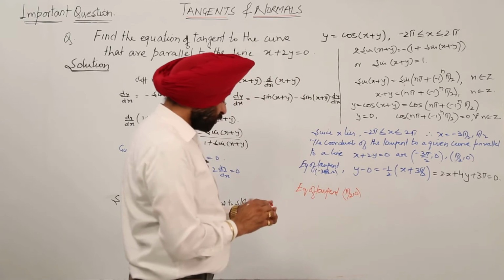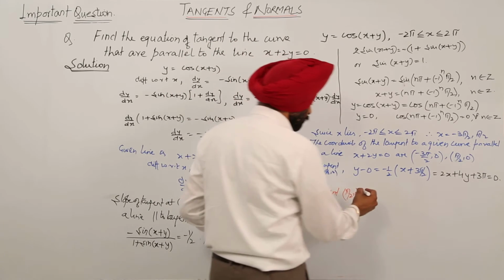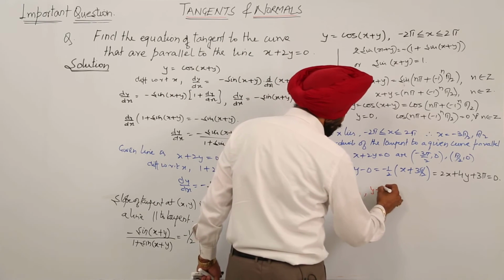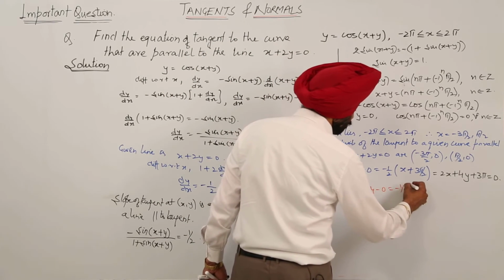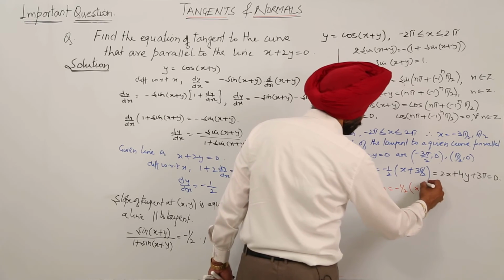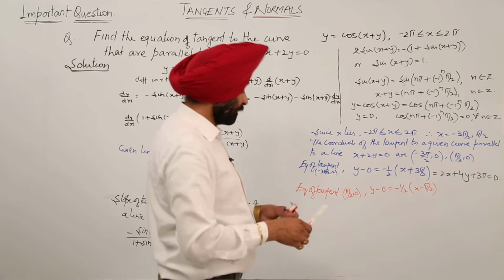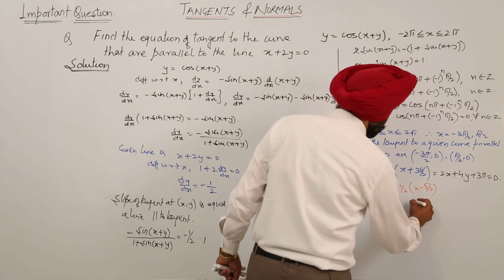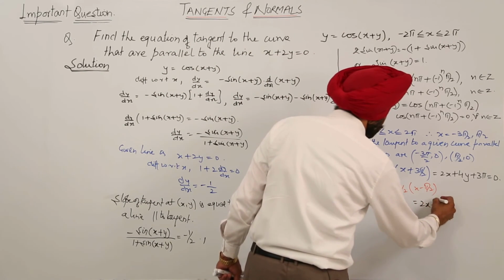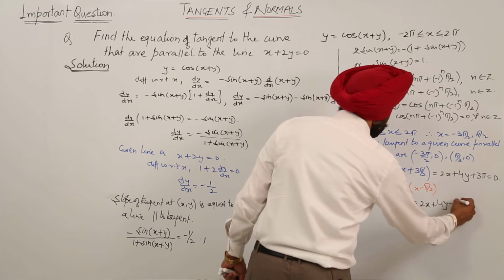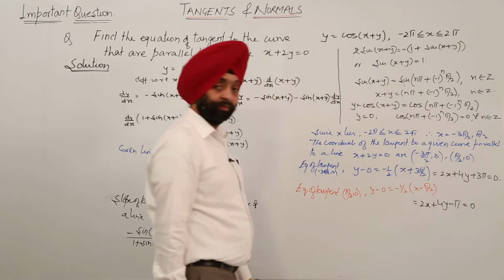So the equation of tangent here becomes y - 0 = -1/2 (x - π/2). After solving, taking the LCM, we get this equation as 2x + 4y - π = 0.